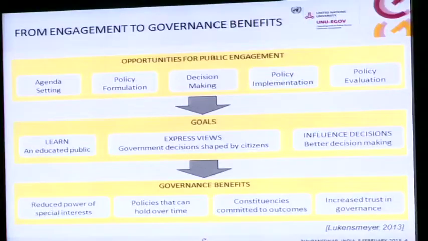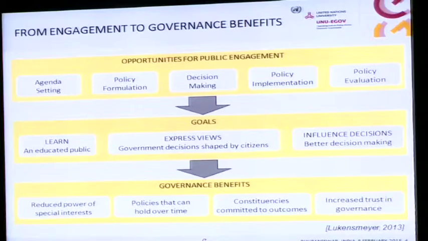When governments define public policies, they have a life cycle starting from agenda setting, where the issues that need to be defined, discussed, and where we need policies are defined. Then we have the policy formulation, we make decisions, policy implementation through different government programs and projects, and finally we evaluate how the policy is being implemented. So we can engage citizens through all the different life cycle stages of the policy process.